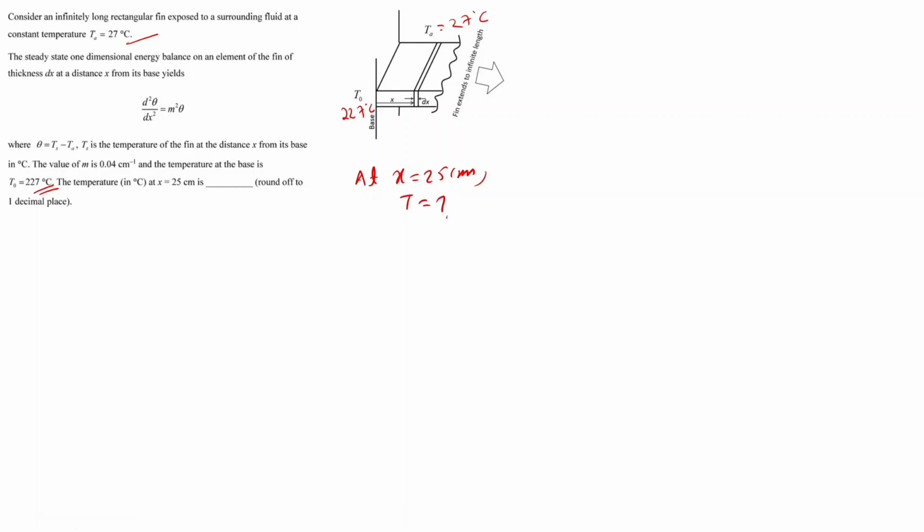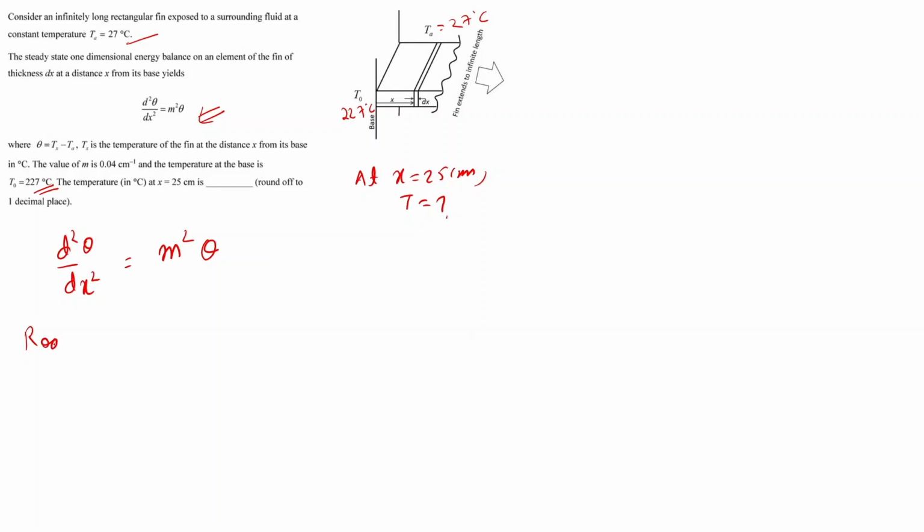So first we will use this equation to find the temperature profile across the fin. So this is a second order differential equation, and we know that the roots of this equation of the form d square theta is equal to m square theta will be plus or minus m.